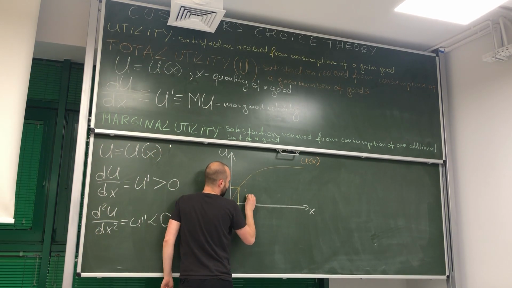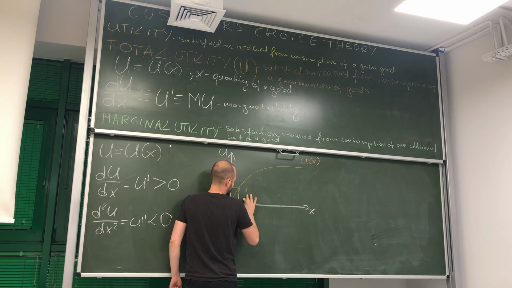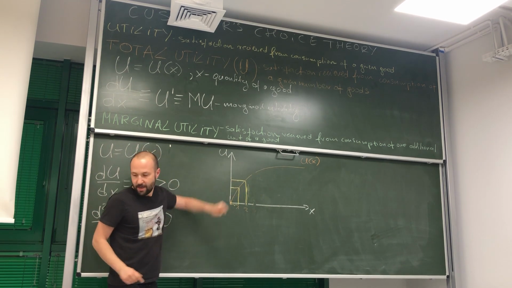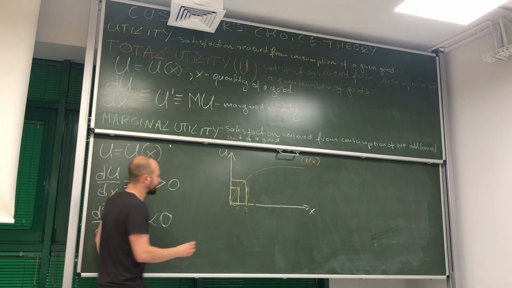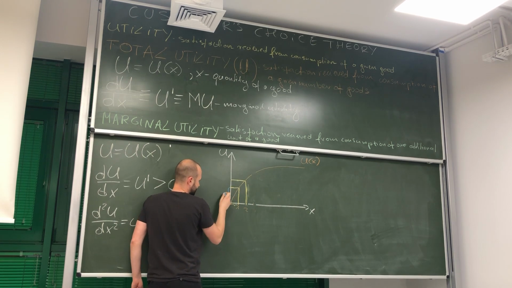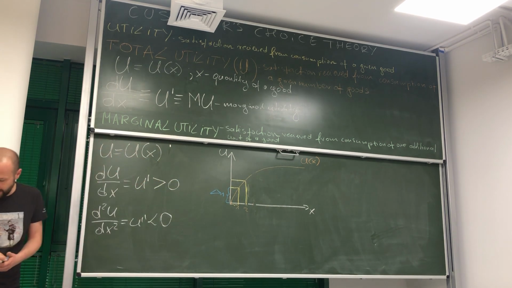And consume the second good, we see that the satisfaction is high, right? Now, however, look, we can clearly see that this distance over here, let's call it delta 1, is clearly bigger.